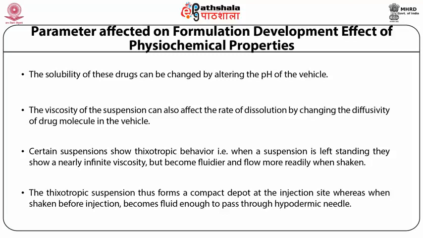What we have probably tried to understand are the various physiochemical properties of the drug and the drug formulation, which will have a direct impact upon the drug delivery behavior from the parenteral controlled drug delivery system.